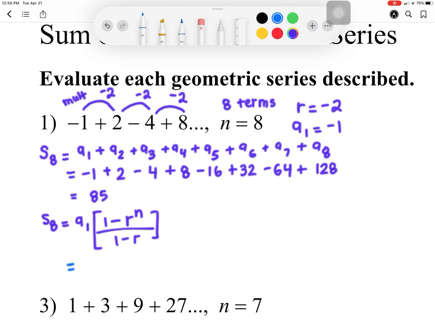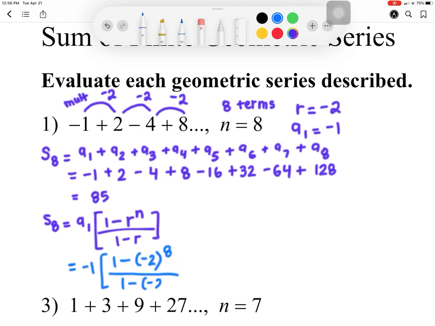A1 was your first term, so it's -1. 1 minus, what is your common ratio? It's -2. How many terms are there? 8. Divided by 1 minus, what is R? -2. So if you plug all this in the calculator, you should get 85.